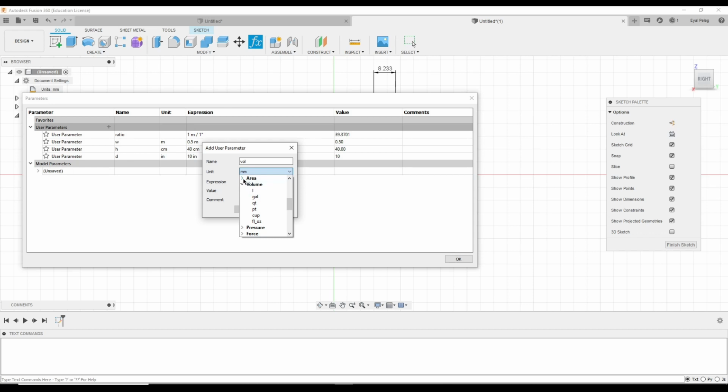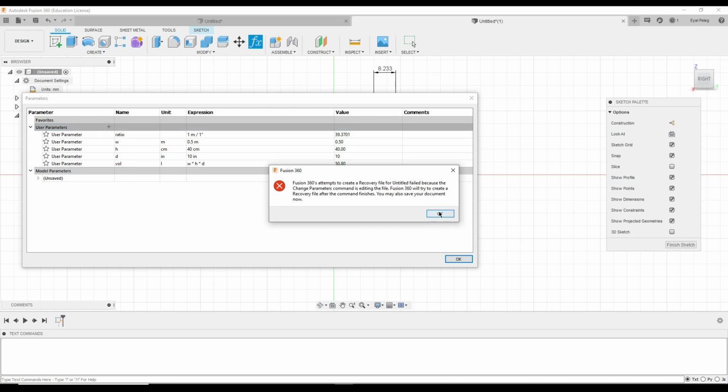I would expect something like cubic meters. Okay, let's leave it at this and see what happens. And say it's the width times the height times the depth. Okay, and we have the volume in liters.